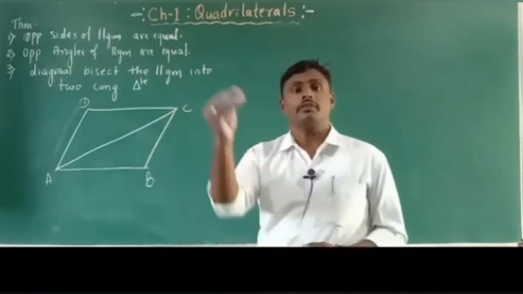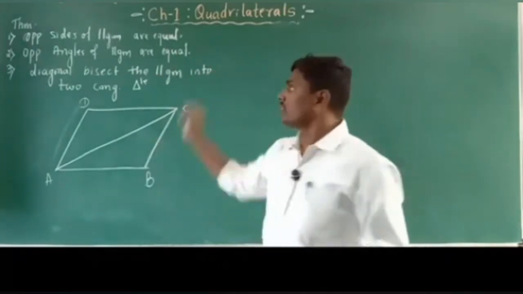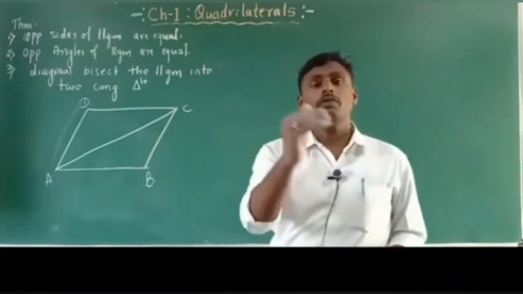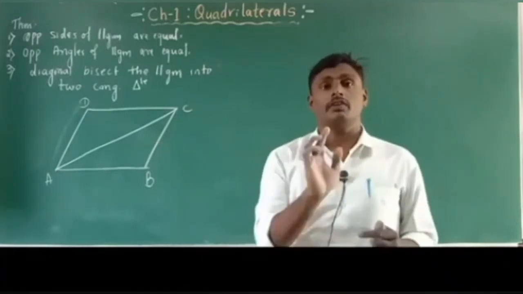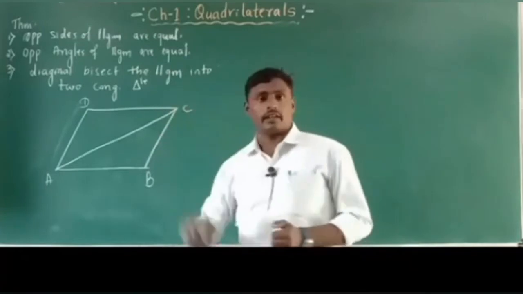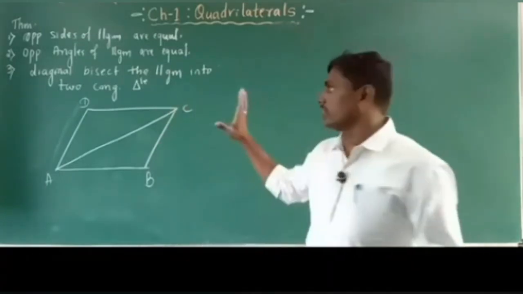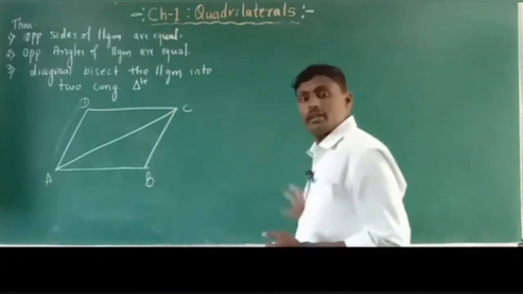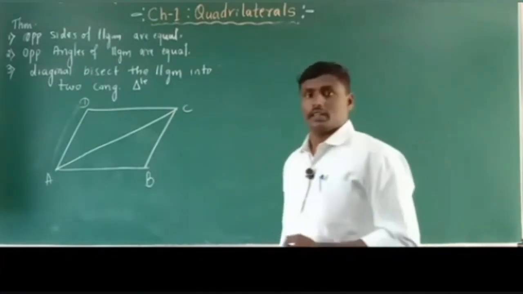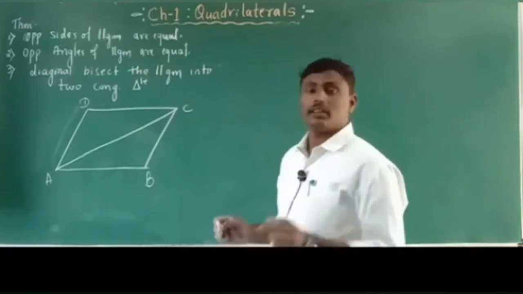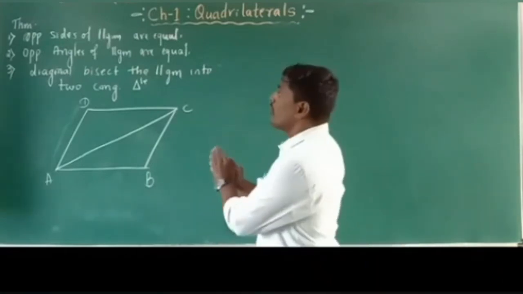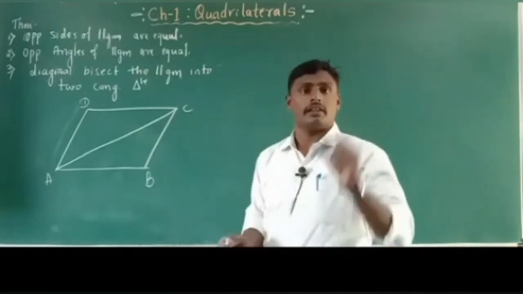Next, write the given part of the theorem. Next, what you have to prove in the theorem. Next, the proof of the theorem, and the last step is the conclusion of the theorem. So these are the steps when we are going to prove any theorem.